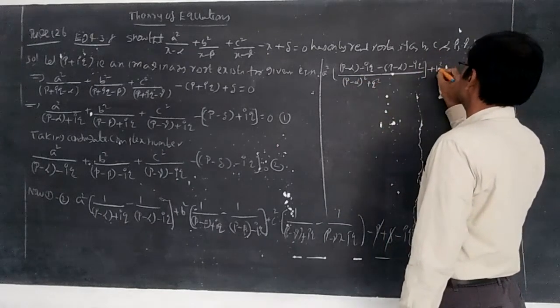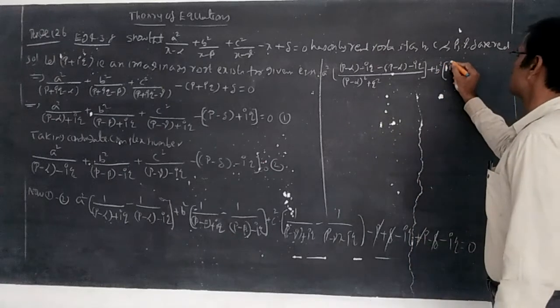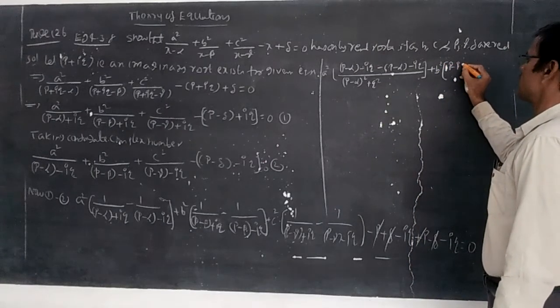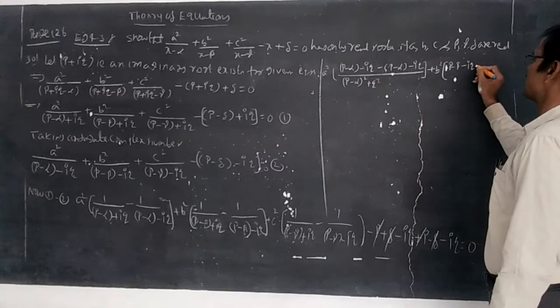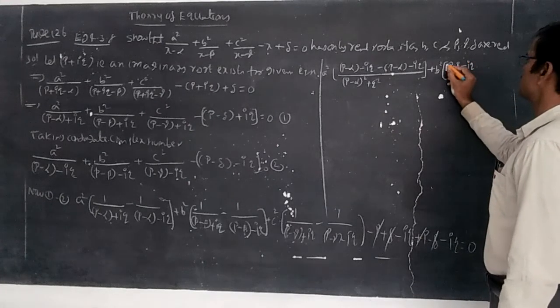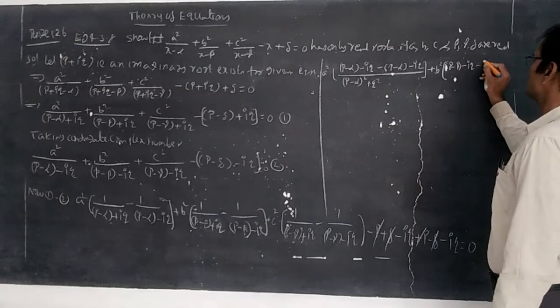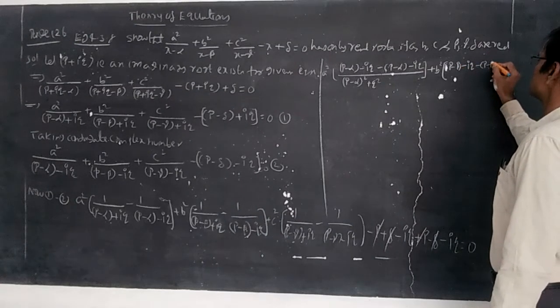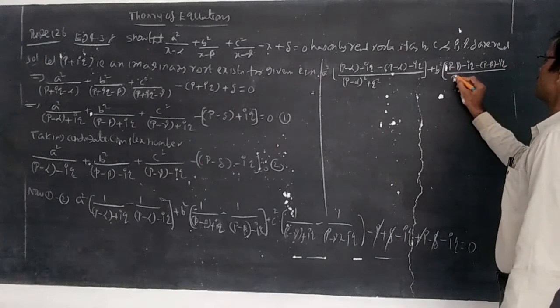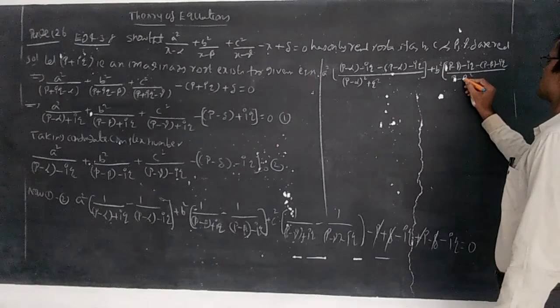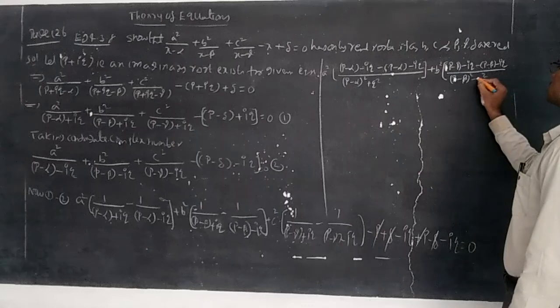Keep aside. Next b square into, in the similar way, p minus beta minus iq minus of p minus beta plus iq, whole by p minus beta whole square plus q square.